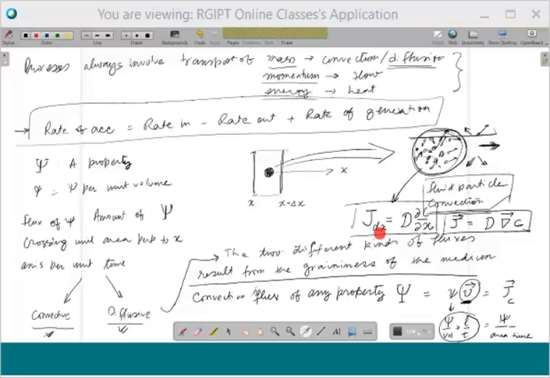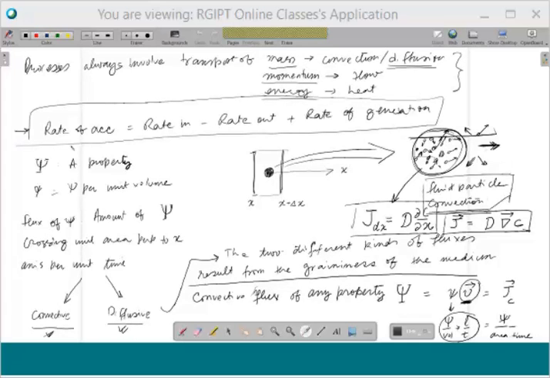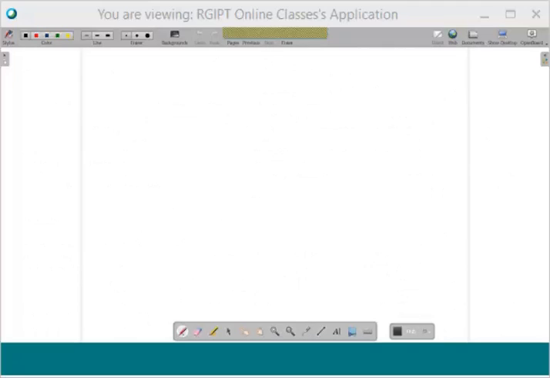I already stated it here, but I'll just write it. Let's go back to our equation: rate of accumulation equals rate in minus rate out plus rate of generation. We were looking at this particular scenario of the one-dimensional case. So the rate of accumulation would be del capital psi by del t.